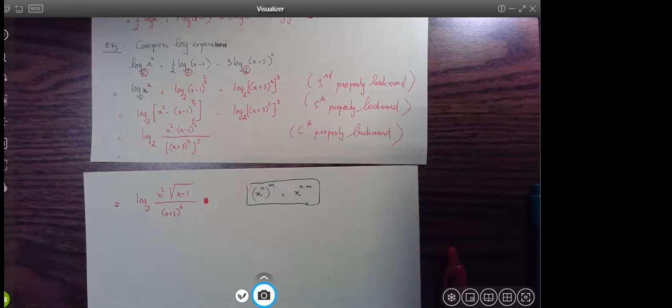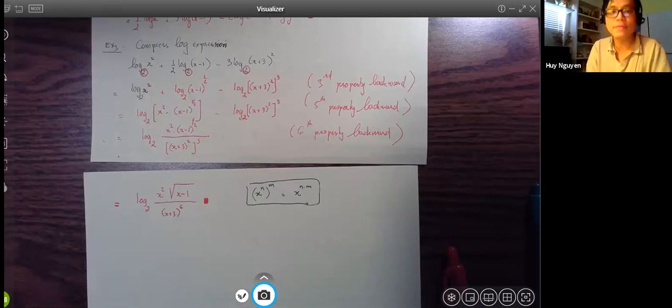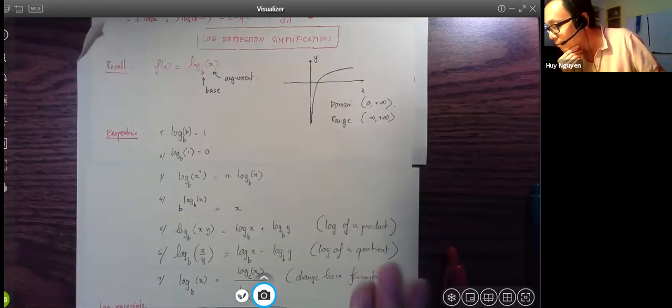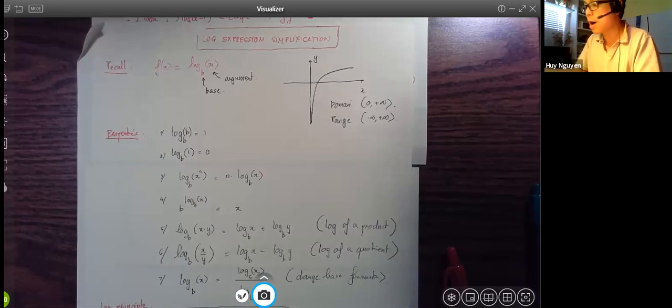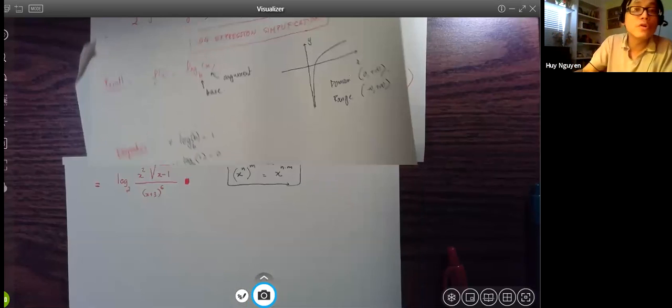I feel like it's just expanding and shortening stuff. Exactly. But if you don't memorize the formulas, it's hard. You can look at the property and start scanning, okay, which one should I use. But you have to do a lot of problems to see which one you should do first.